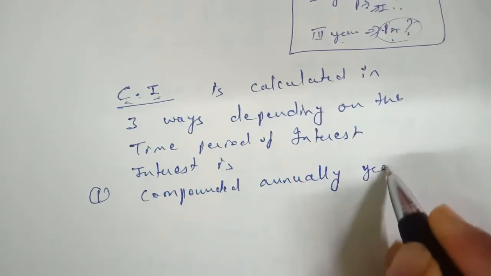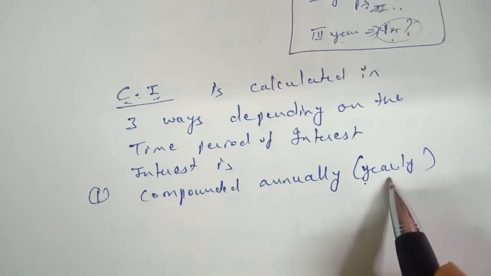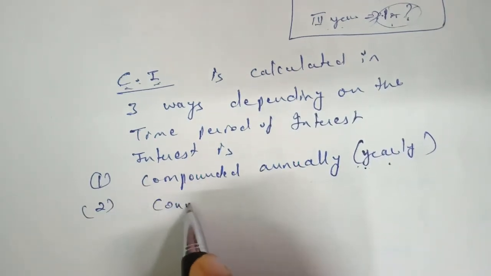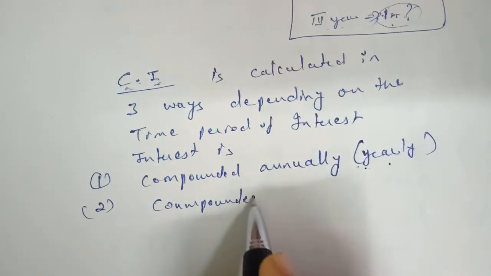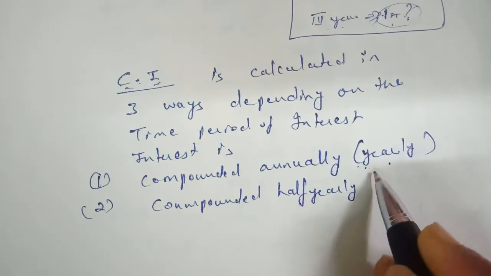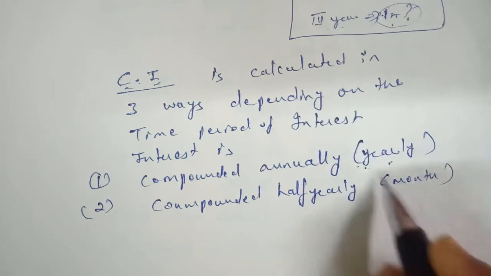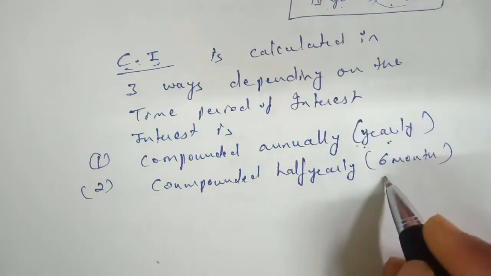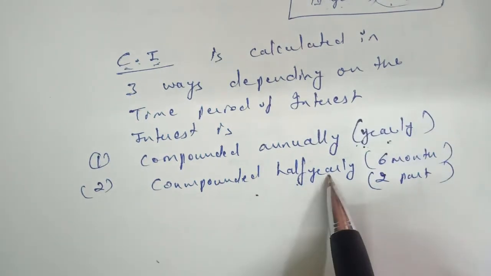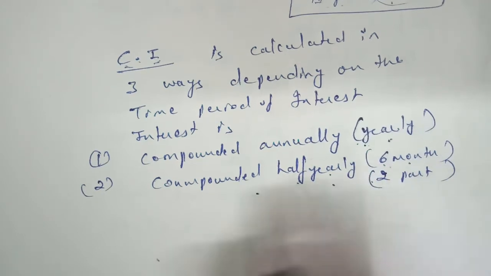Annually means after every year, at the end of the year you will get the interest. Second, compounded half yearly. Half yearly means the year is divided into two parts, so after every 6 months you will get the interest.